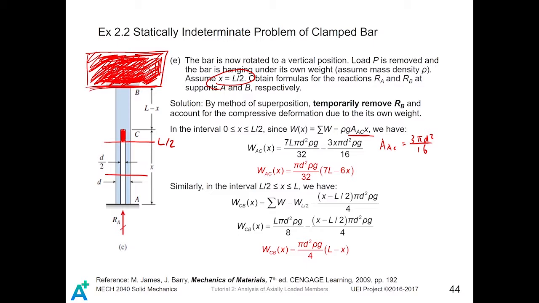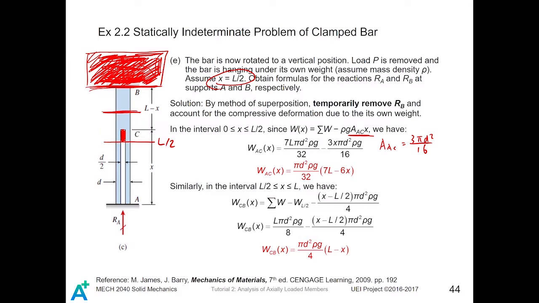Similarly, for the interval from L over 2 to L, we can find the compressive load caused by weight for a cross-section at a level greater than L over 2, say this one. Then the compressive load caused by the weight in segment CB will be the total weight minus the weight of the lower half, which is W at L over 2, and further minus the weight of material in this region.